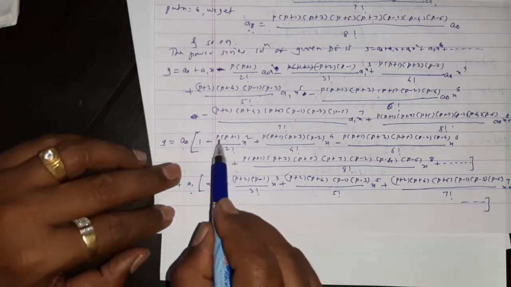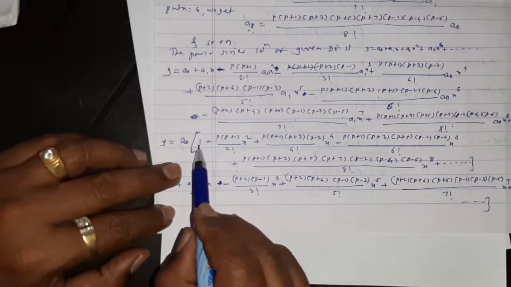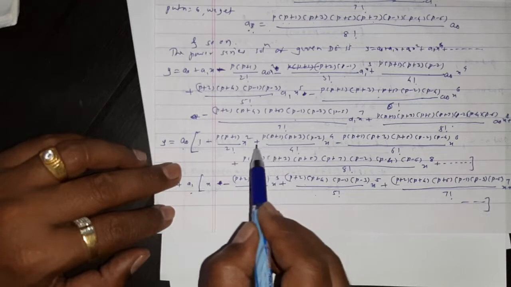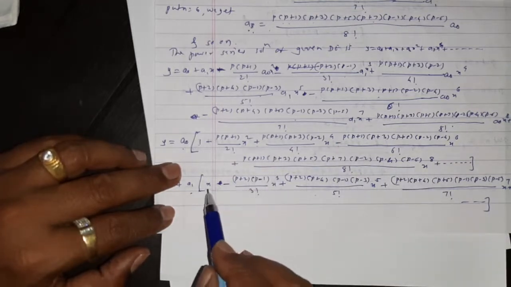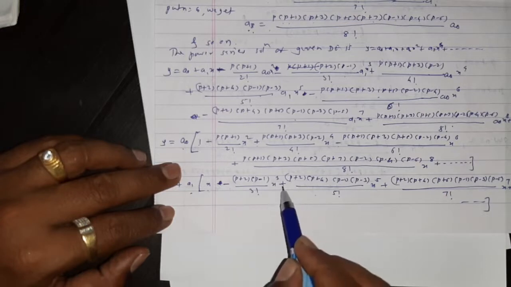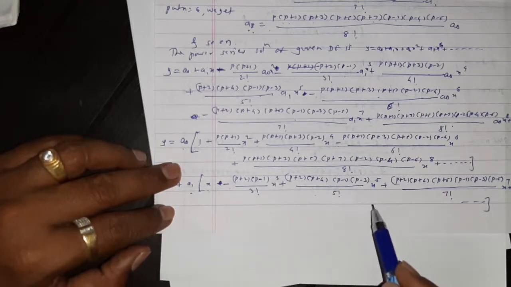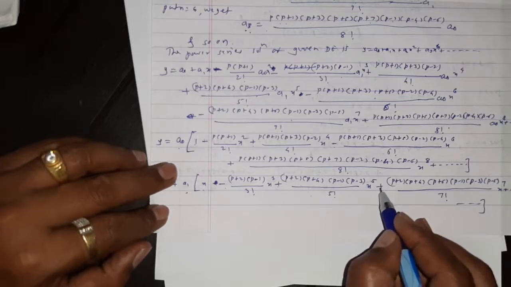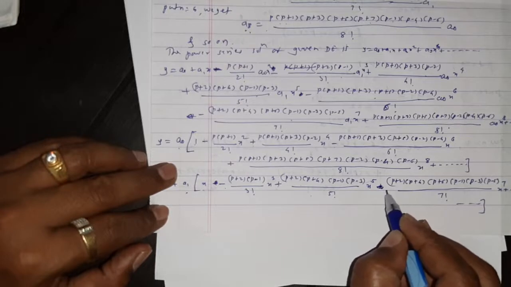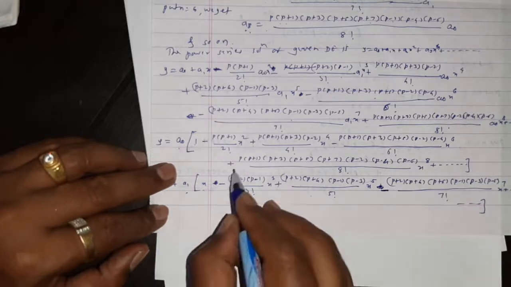What are the terms? Here: plus term 1, then minus, plus, minus, plus, minus. And here also plus, minus. A7 is a minus term; here write the minus sign, don't write the plus sign.